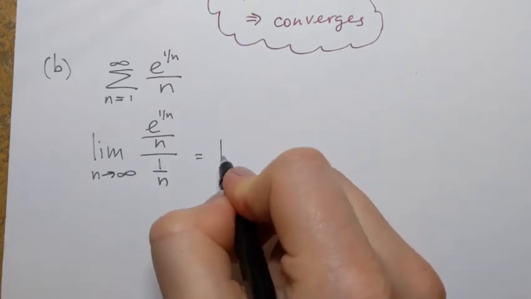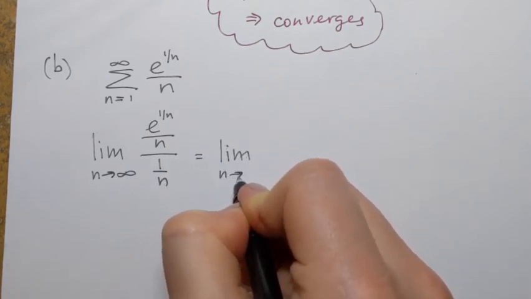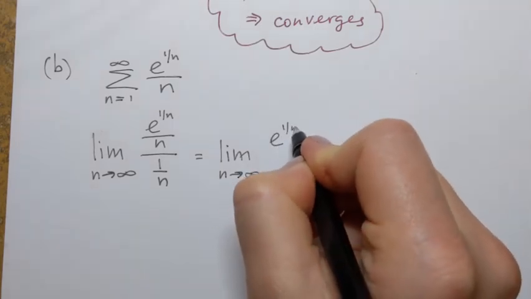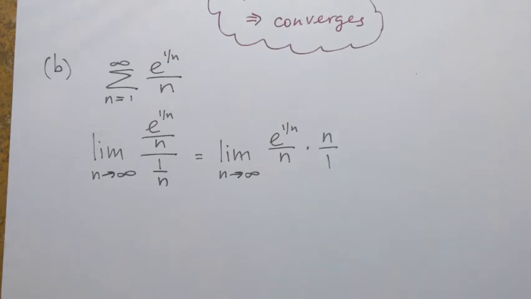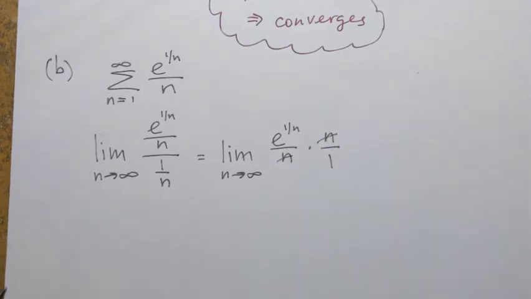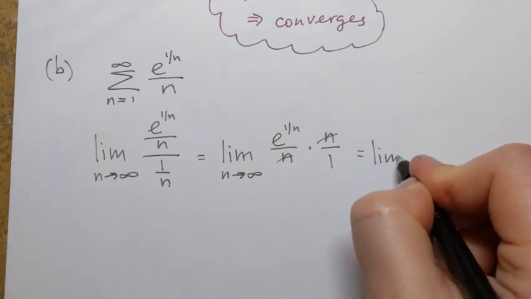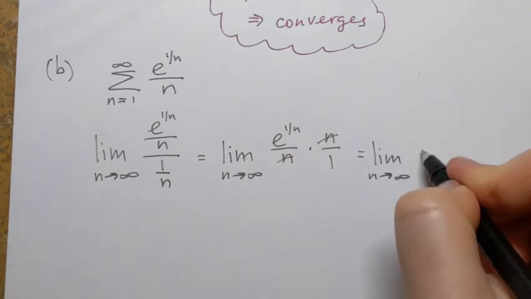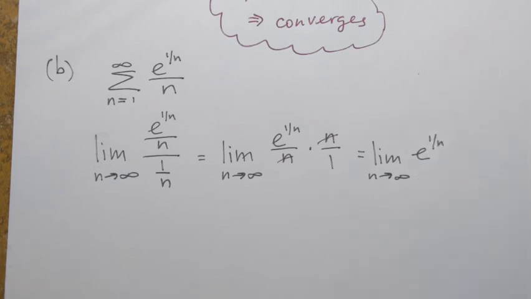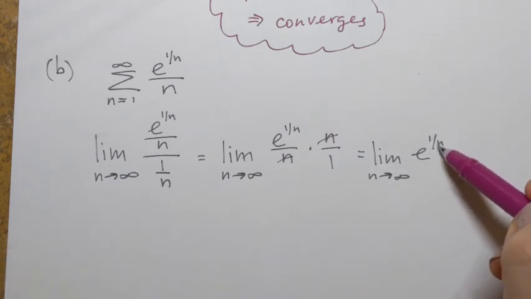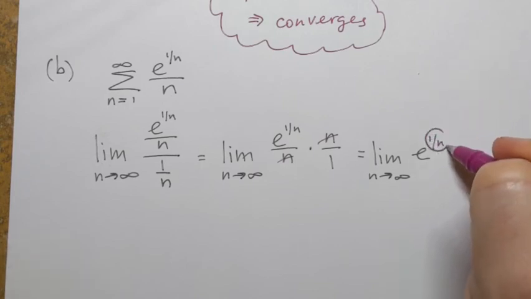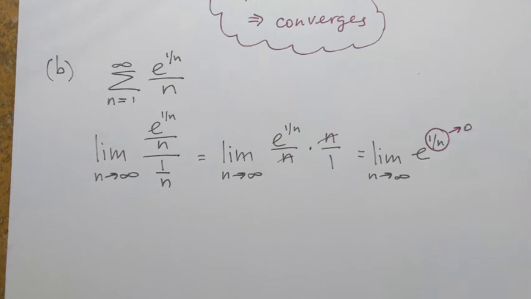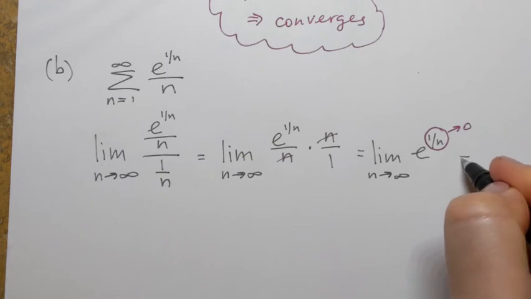So that becomes the limit as n approaches infinity of e to the power 1 over n times the reciprocal of the denominator, n over 1. I can divide out the n's, and I get the limit as n approaches infinity of e to the power 1 over n. As the denominator of this fraction approaches infinity, the fraction approaches 0. So I get e to the power 0, and anything to the power 0 is 1.